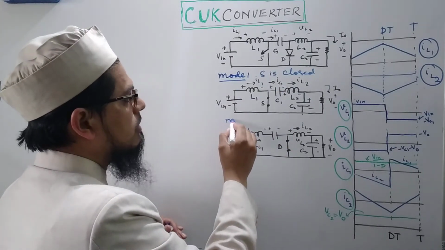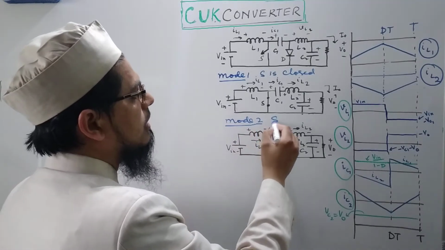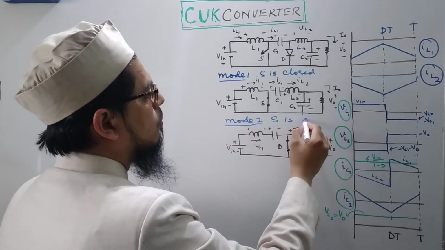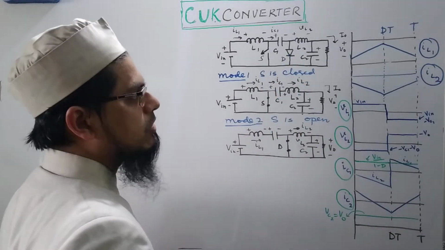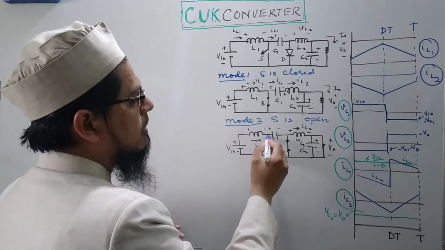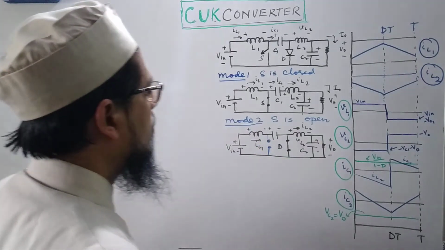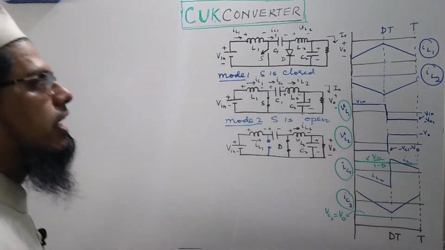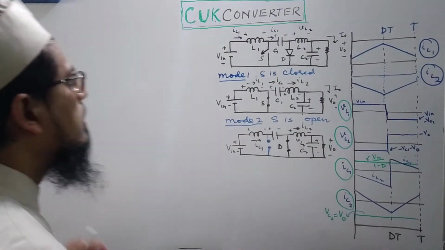The second mode is when the switch S is open. In that case, the diode comes into picture and starts conducting, while the switch is open circuited.